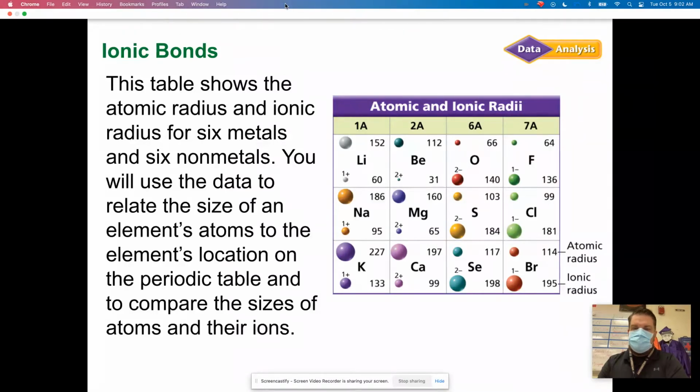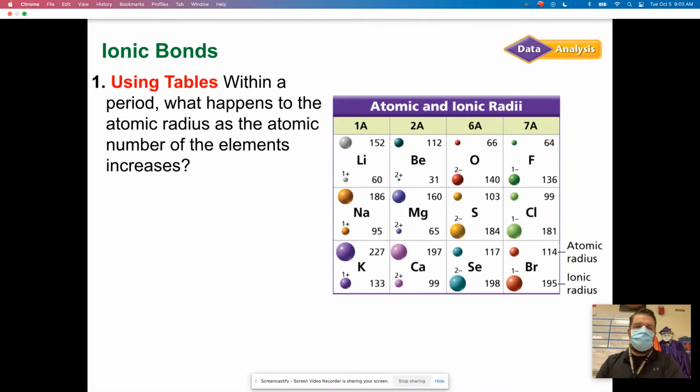So when you look at that, just kind of soak that in for a minute. There's a pattern. So basically, when you look at this right here is the ionic radius, okay? And this is the atomic radius. Just kind of process that.